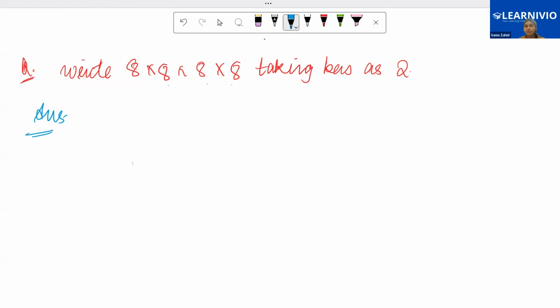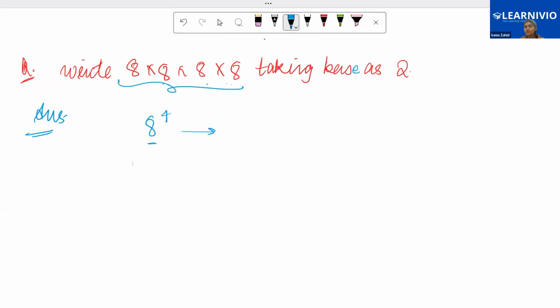Okay. So over here we have to write 8 into 8 into 8 into 8, taking the base as 2. See, 8 into 8 into 8 into 8, you can write as 8 to the power 4, right? But here the base is 8, and we need to write the answer where the base is 2. So how can you convert 8 to 2?